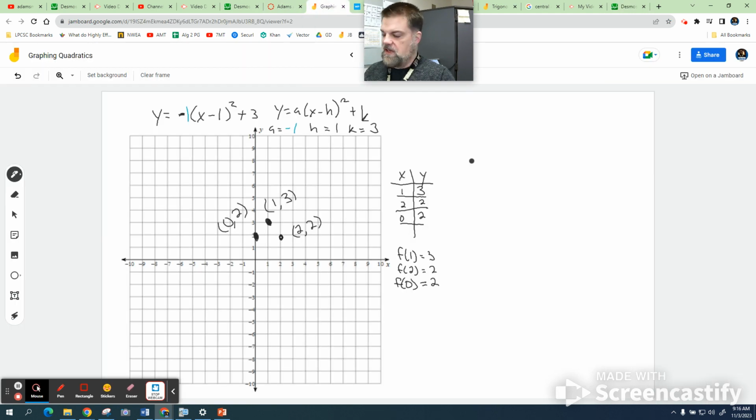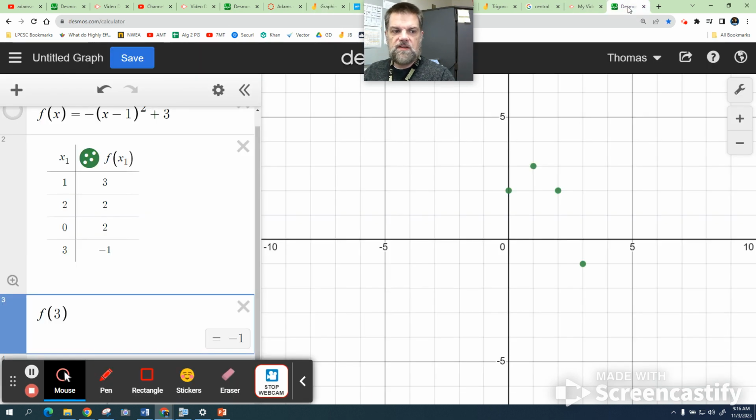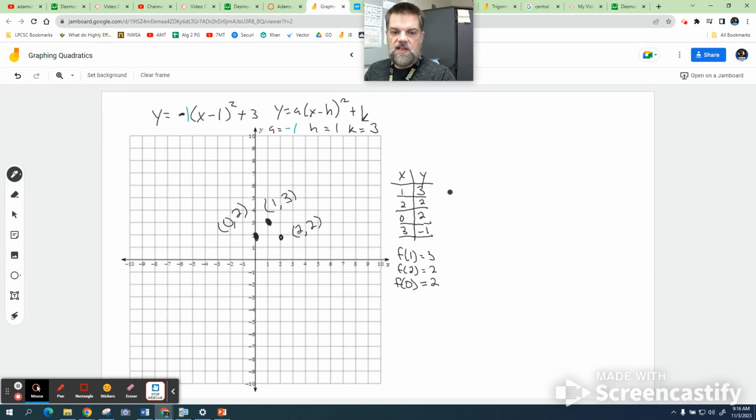We're going to say when x equals 3, y equals -1, right? Is that what it was? Yeah. And so down here, you're going to write f of 3 equals -1. So we go over 3 down 1. This is 3 comma -1.